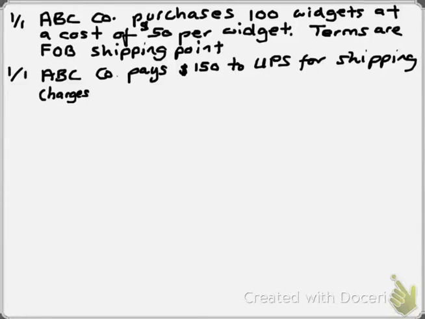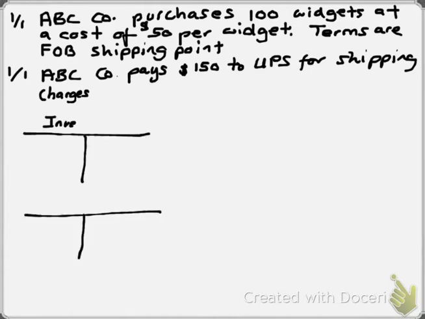For the first one, for the purchase of inventory, you know that you paid $5,000, 100 widgets times $50, so $5,000 in total. You know that you're going to debit your inventory account for $5,000 and you're going to credit cash for $5,000.